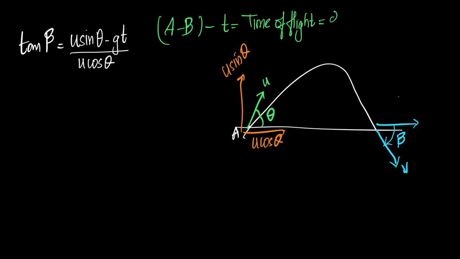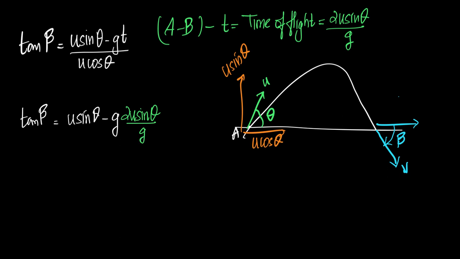And what is the equation for time of flight? It is 2u sine theta by g. In which case we can write here that tan beta is equal to u sine theta minus g into, what is the value of t? It is 2u sine theta upon g, the whole upon u cos theta.